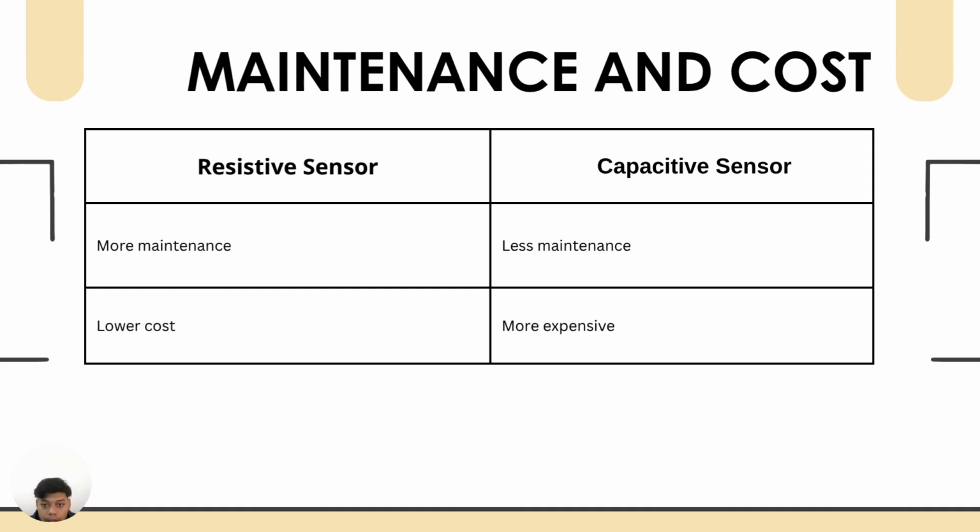However, its durability, reliability, and low maintenance often result in long-term cost savings, especially in industrial environments. So, while the initial investment is higher, the return on investment can be significant in more demanding applications.